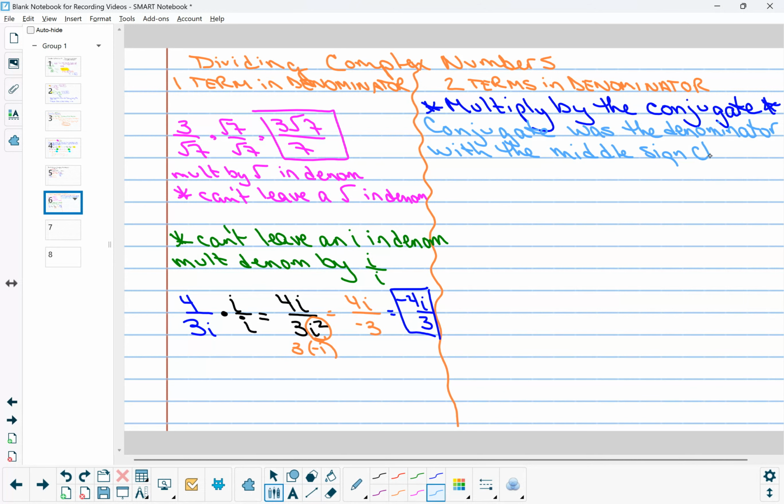Okay, so if our example looks like this, 4 over 3 plus 5i, right? The conjugate is going to look like 3 minus 5i.